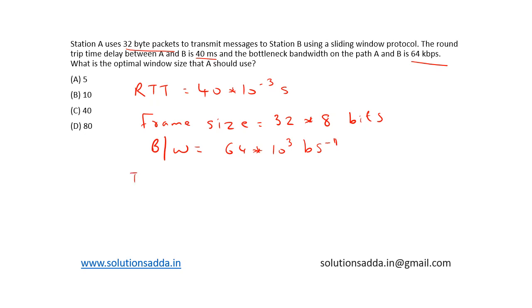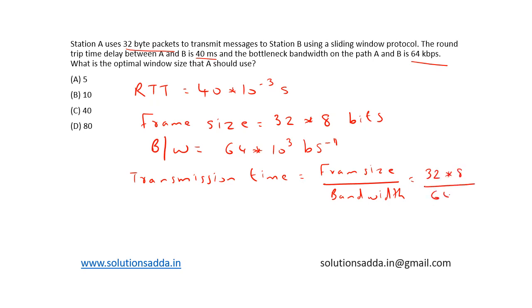So the transmission time is equal to frame size by bandwidth, which is equal to (32 × 8) / (64 × 10^3).